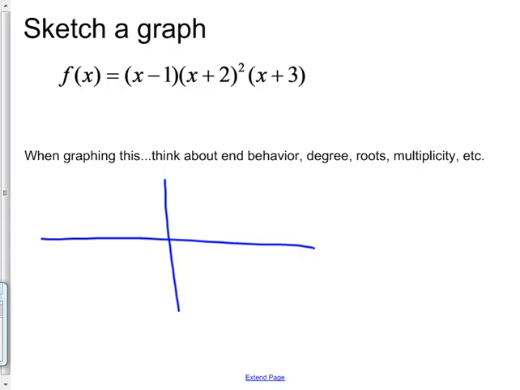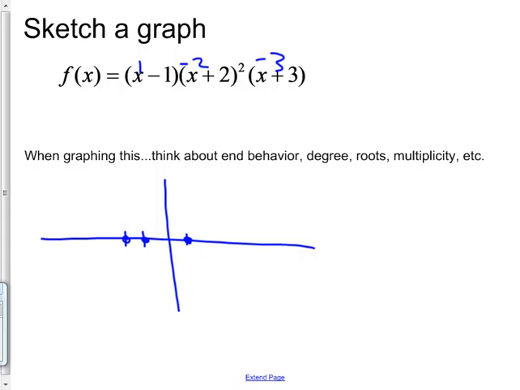All right, to sketch this, I need to know the roots, the zeros, the x-intercepts. They are at 1 and -2 and -3. So here's 1, here's -2, and here's -3. Put dots there. So it's definitely touching at all those spots. Those are the zeros. That's what they do.